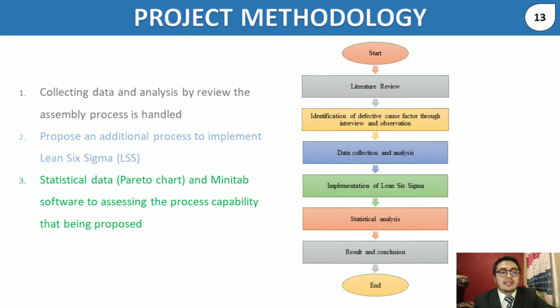The data is collected through interviews and observation of the assembly process with the company. The analysis of the issue leads to the implementation of Lean Six Sigma in the assembly process. The validation of Lean Six Sigma is measured using statistical analysis with a Pareto chart and Minitab software.